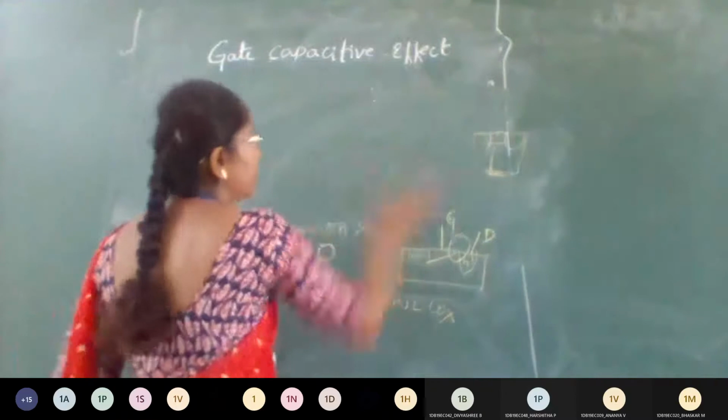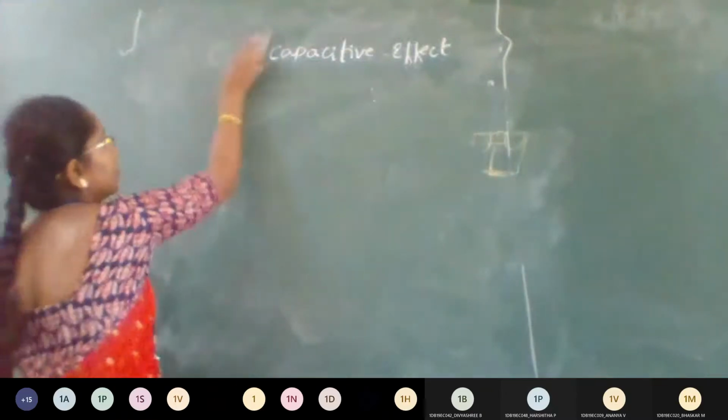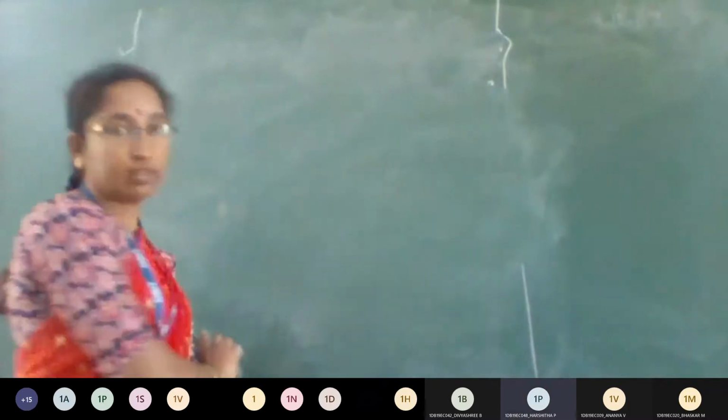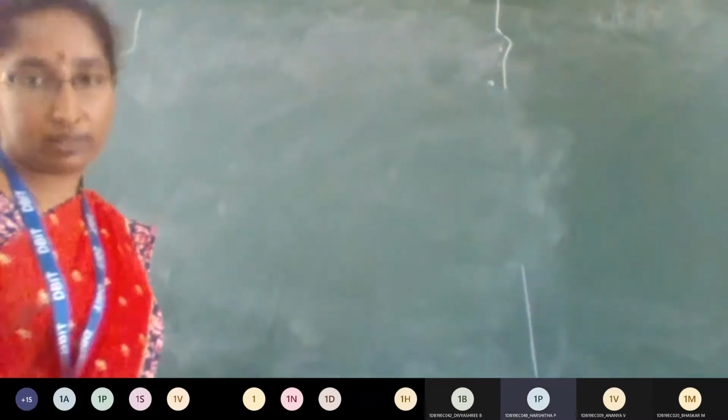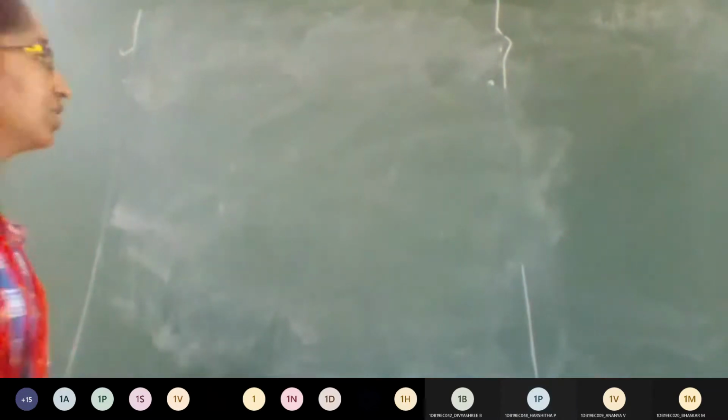So next we'll move on to the second type. What is the second type? Source body and drain body depletion capacitance, or I can say junction capacitance.